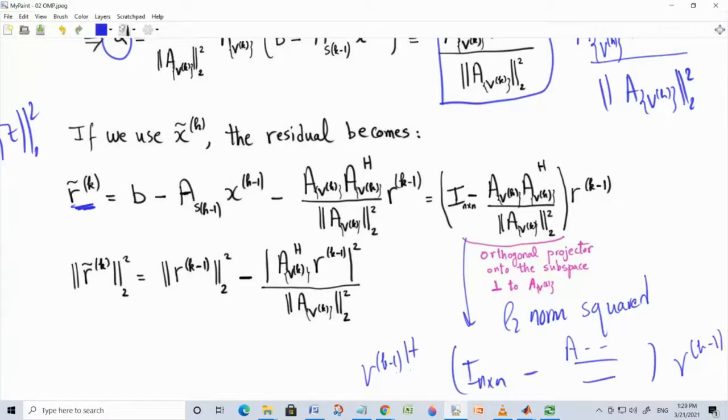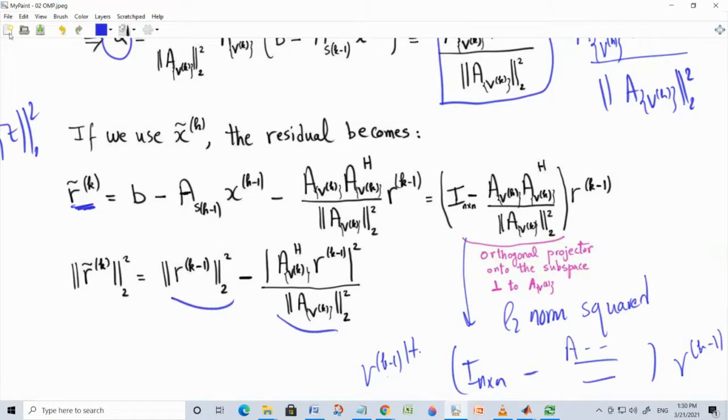And so you get two terms. You get R_{k-1} Hermitian R_{k-1}, which is the L2 norm squared of R_{k-1}, minus this term sandwiched between R_{k-1} Hermitian and R_{k-1}, which is this result here. Again, it seems like a weird thing to do, imagining a step that you do not do in orthogonal matching pursuit itself.